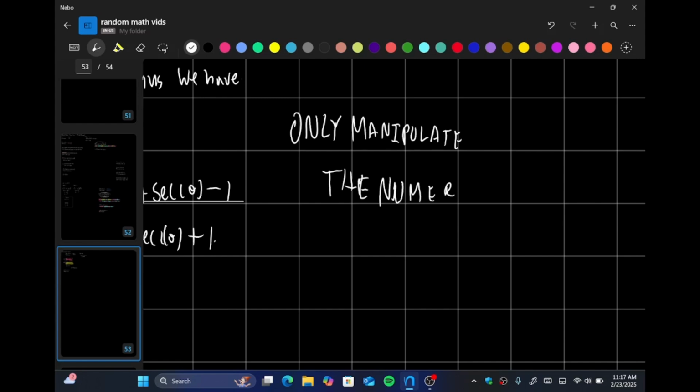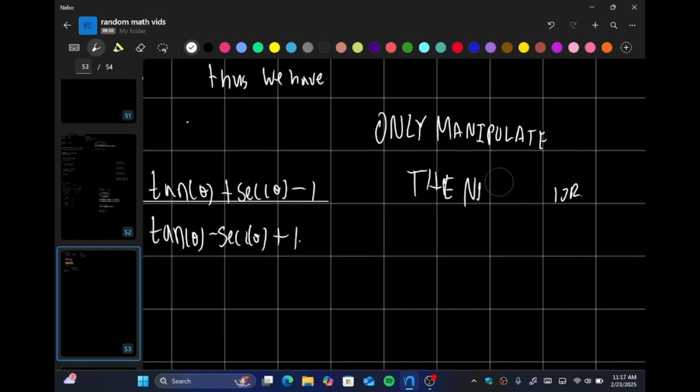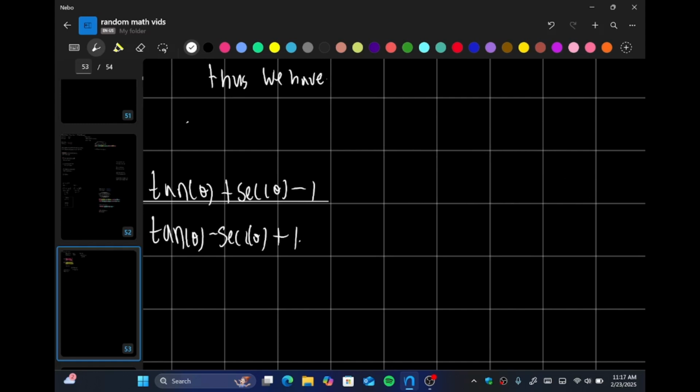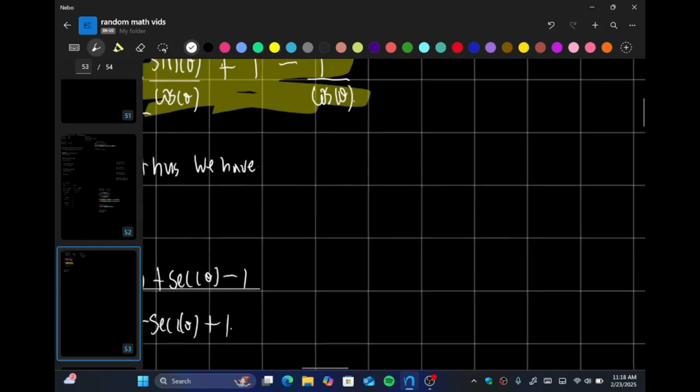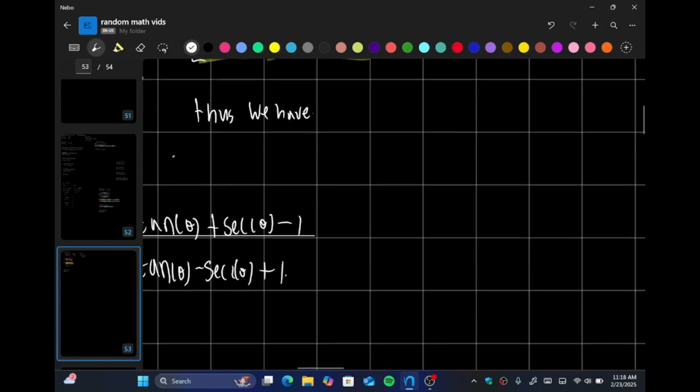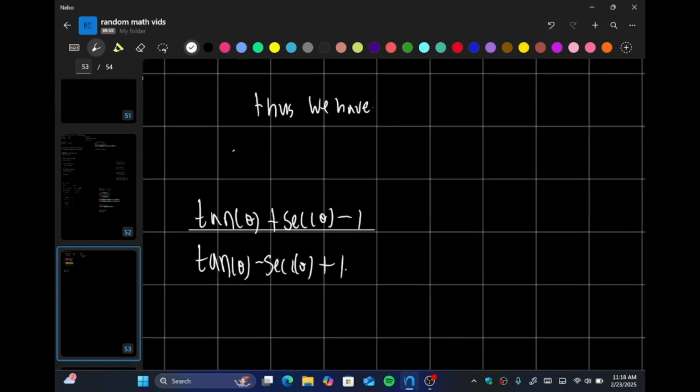The thing is, if you also manipulate the denominator, you're gonna get stuck, okay, guys? And then if you do, like with dividing fractions, yours is gonna go backwards to what you had before. We don't want to do that. So we're gonna manipulate the numerator.